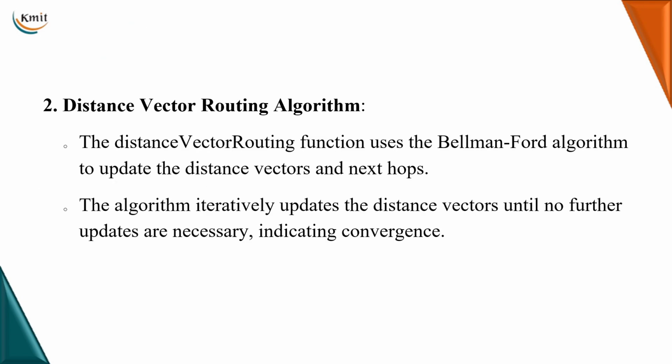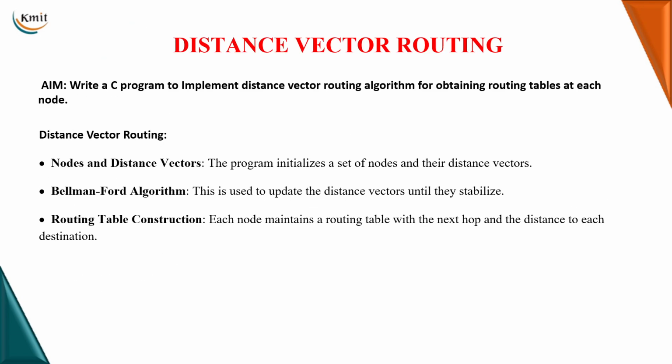So what we need to implement this program is, first of all, to initialize the set of nodes and their distance vectors. There is a video made on the distance vector routing algorithm in detail with an example. You can watch that video to easily understand and execute this program.